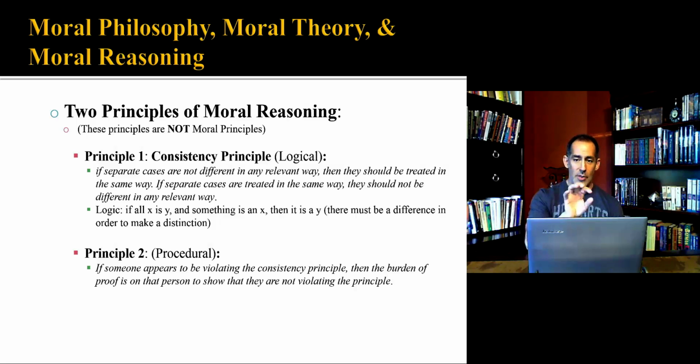So these are principles that we use to reason correctly through moral issues. So number one is the consistency principle. Number two is just a procedural principle that says if somebody appears to be violating rule number one, then they have the burden of proof to show that they're not violating the principle.